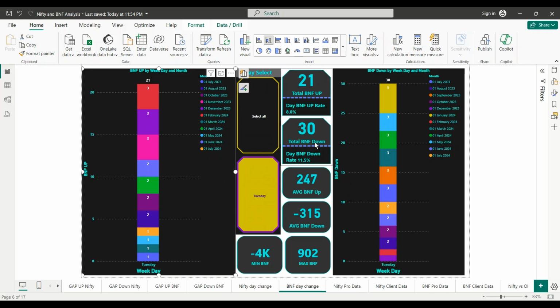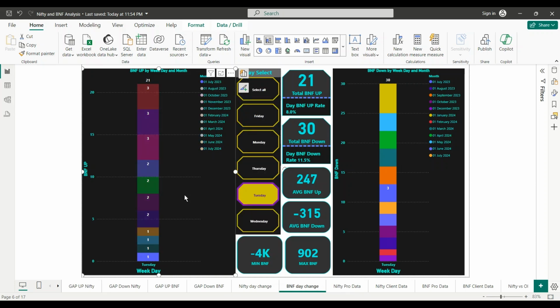So Tuesday is a little bit bad. The max was 900, wow, 4K. So let's see what happened in July. If I choose July, one time up, three times down. So tomorrow looks like Bank Nifty might go down as per the historical data.